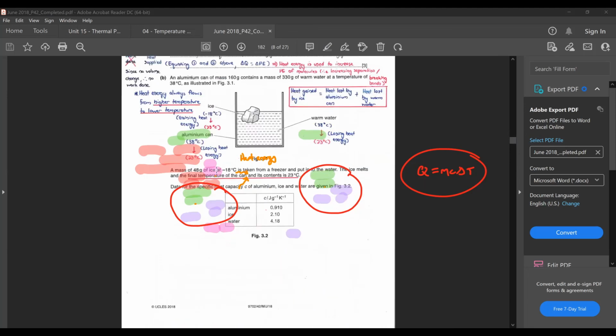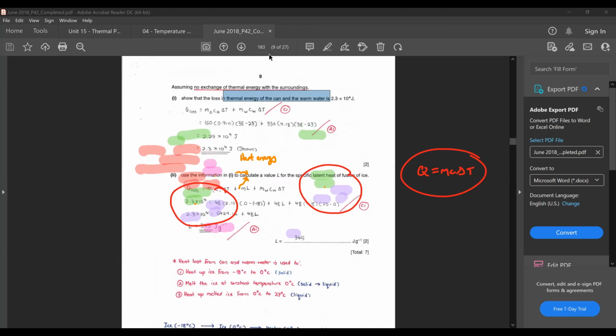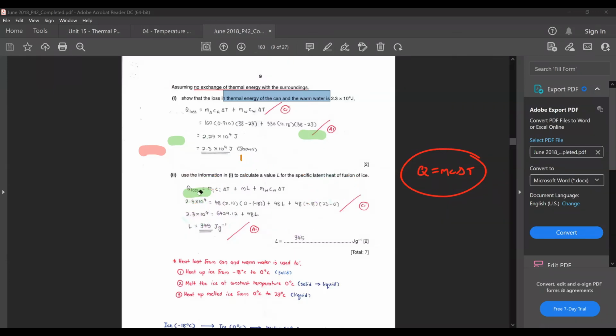So you use Q equals mc delta T for both the can and warm water. This is what you're supposed to be getting. Okay. So just use mc delta T for the aluminum can and the water. Just sub in your values. You will eventually get the answer as 2.3 times 10 power 4 joules. Okay.